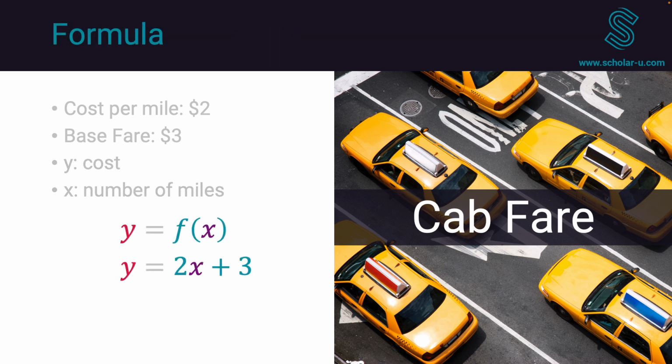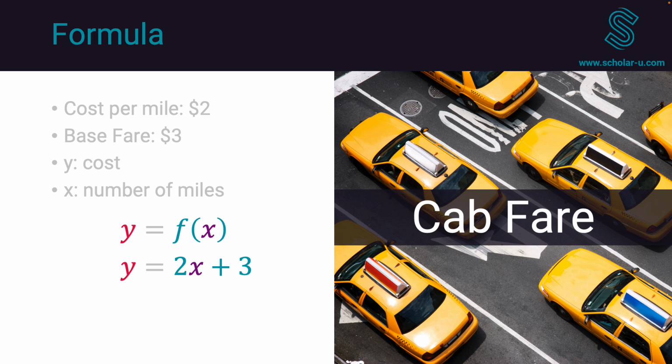This relationship can be represented by the equation y equals f of x, which states that the function f takes an input variable x and produces an output variable y. In this example, the function is given by 2x plus 3, where 2x represents the $2 per mile multiplied by the number of miles, and the plus $3 represents the base fare.